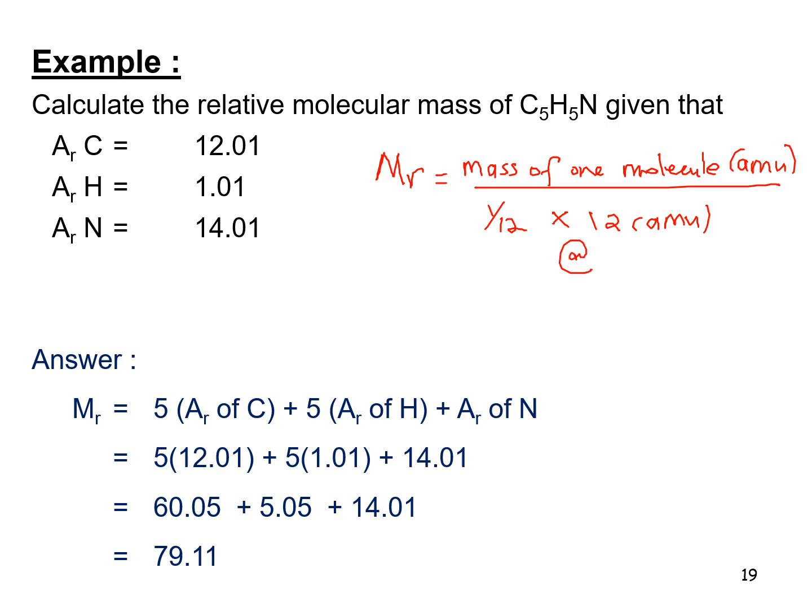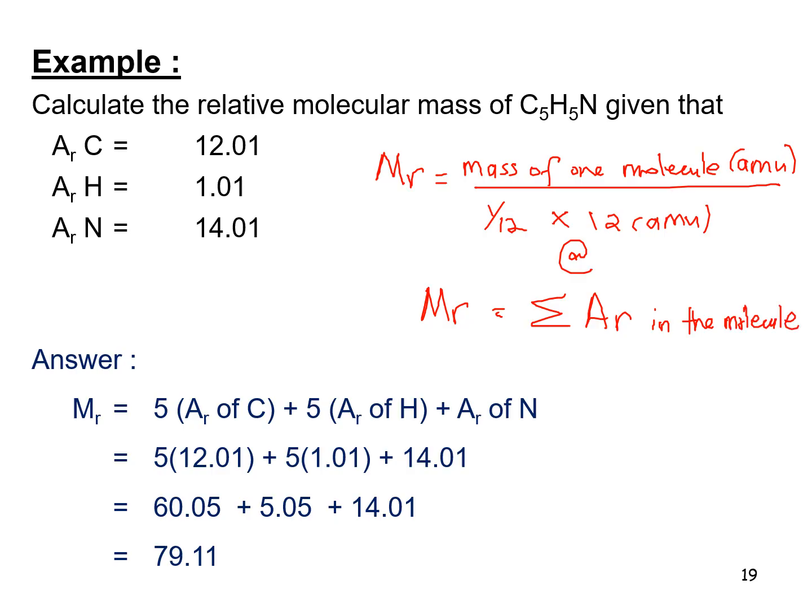Ataupun dia ada cakap tadi dekat bahagian hujung slide tu, dia kata relative molecular mass pun could be the summation of all the relative atomic mass of an atom in the molecule. Okay? Relative atomic mass of an atom in the molecule.